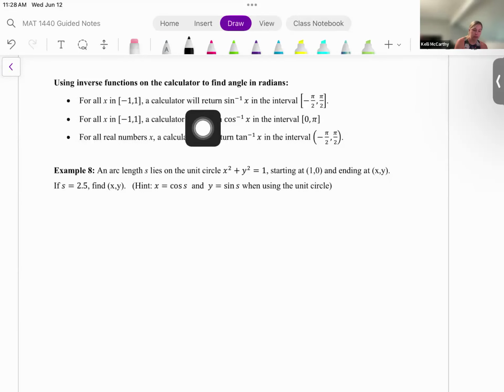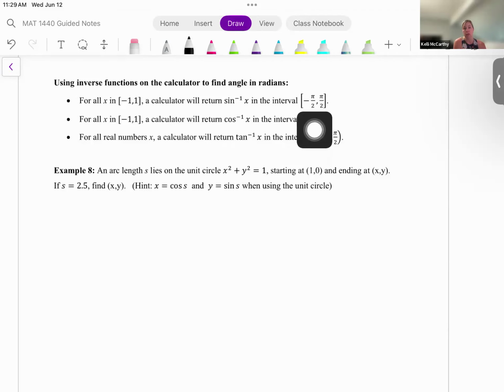So for inverse sine, it's always going to give us an angle measure in this interval, negative pi over 2 to pi over 2. For inverse cosine, it's always going to give us an angle measure between 0 and pi. And for inverse tangent, it's always going to give us an angle measure from negative pi over 2 to pi over 2. Quickly observe the difference between the interval for inverse sine and the interval for inverse tangent.